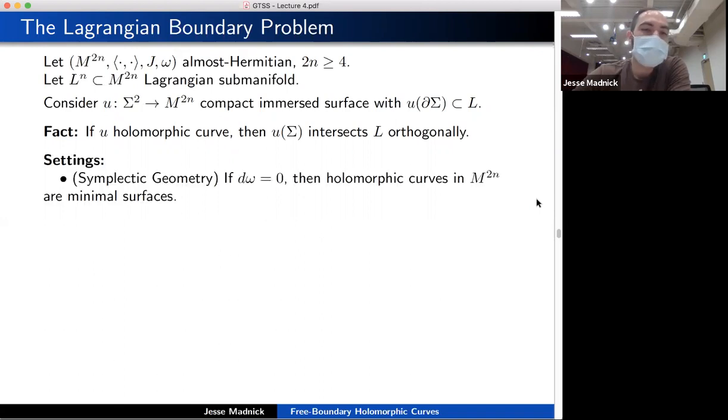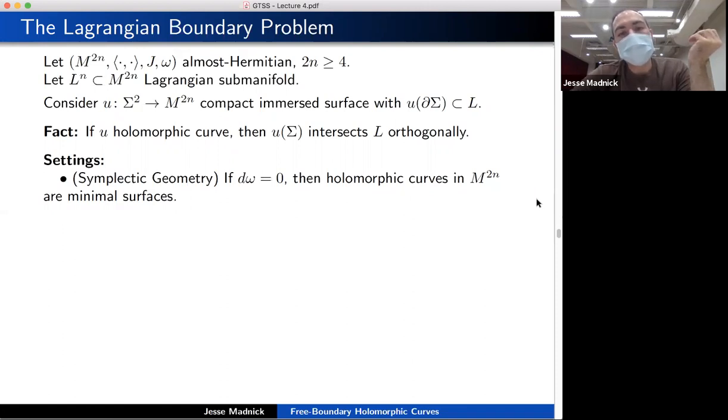Now, typically, this problem of holomorphic curves with boundary on a Lagrangian is studied in symplectic geometry, or Kahler geometry, I guess, almost Kahler geometry, really. And in that setting, omega is closed. You have an almost Kahler manifold. And if omega is closed, then omega is a calibration.